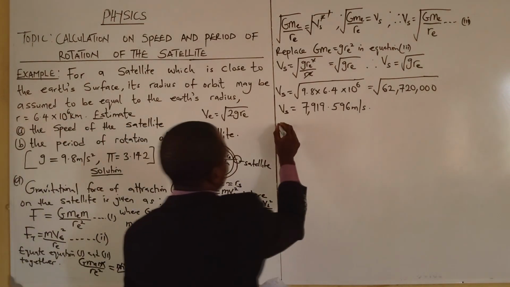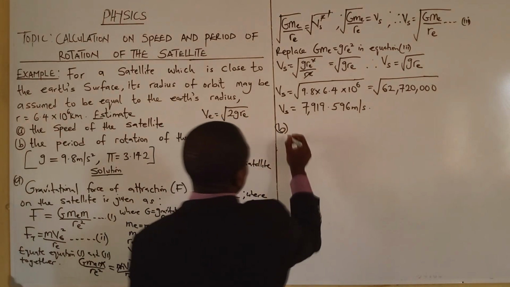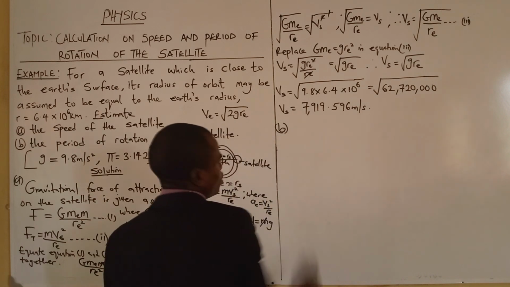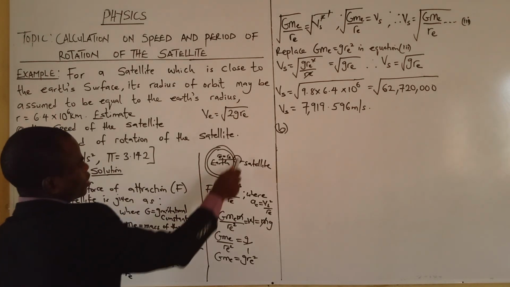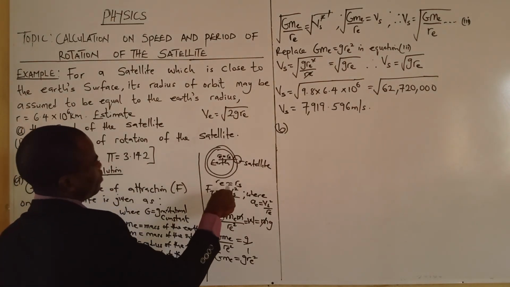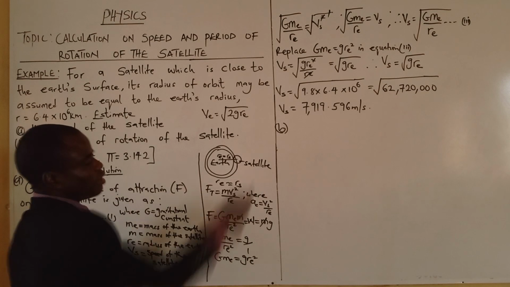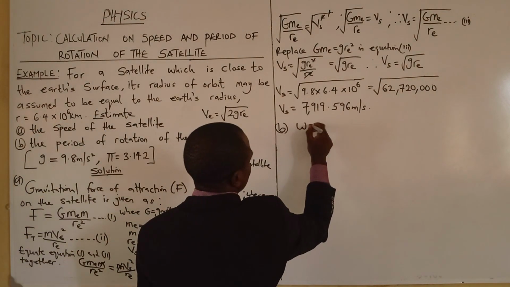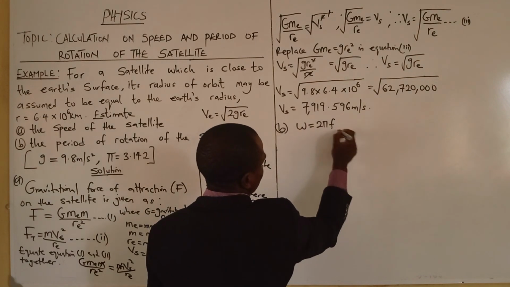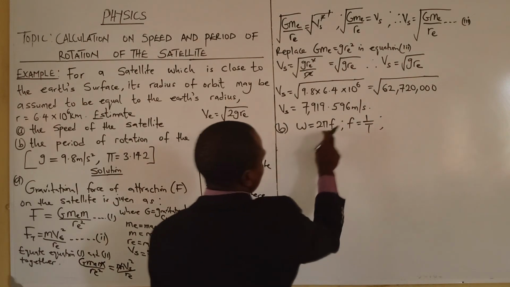Now let's go to the second part, which is to look for the period of rotation of the satellite. We have looked for the speed at which the satellite is revolving around the earth. Now I want to know the time, the period it takes to rotate around the earth. Don't forget your angular speed equals 2 pi f, where f equals 1 over T. Now replace it back.